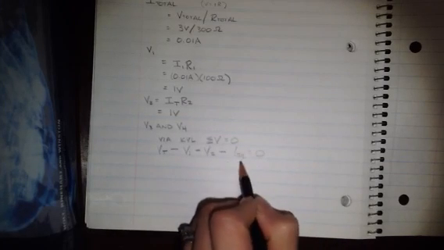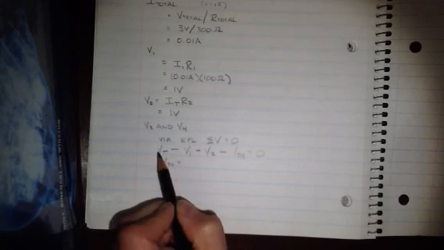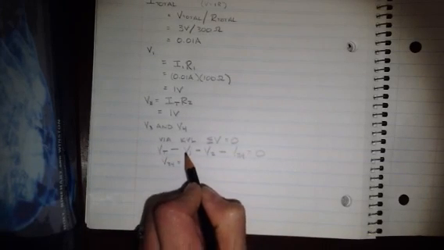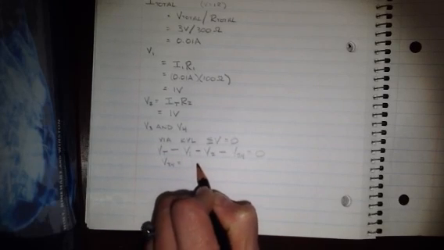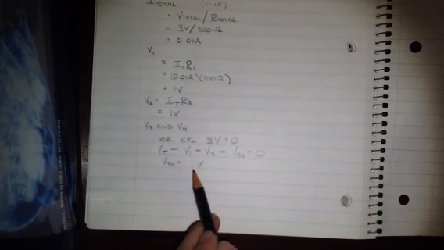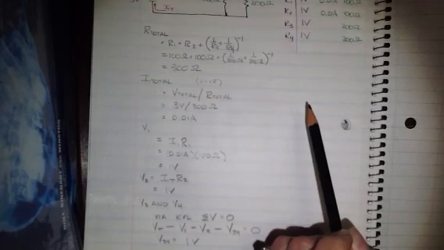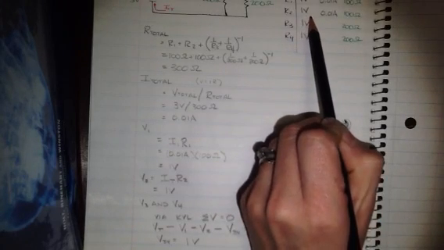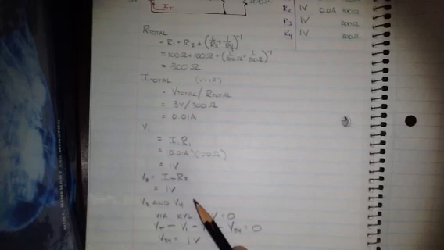Okay. Solving for voltage 3 and 4. 3 minus 1 minus 1. It's 1 volt. Remember that these guys are really the same voltage drop.